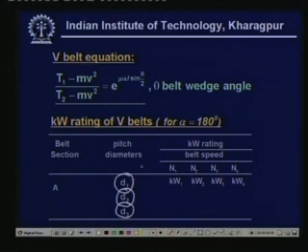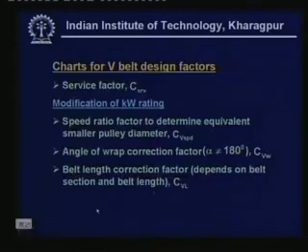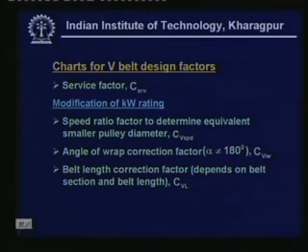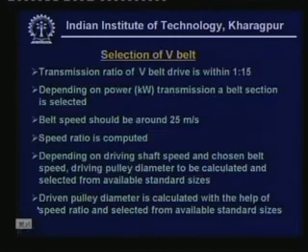So this pitch diameter you have computed should be converted, by the speed ratio factor, to an equivalent smaller pulley diameter, and based on that you have to find out the kilowatt rating of the belt. Of course the belt speed is also in question. Now once you find this, you have to modify it by these two factors, CVW and CVL. So the basic selection criteria of the V belt stands as it is being given over here.